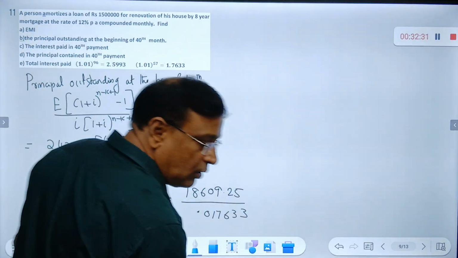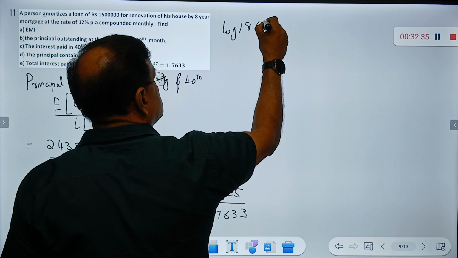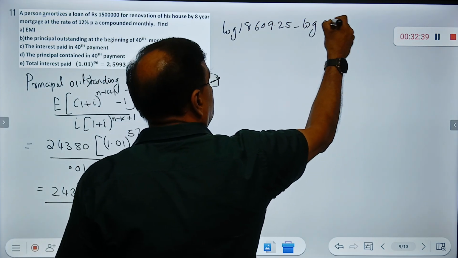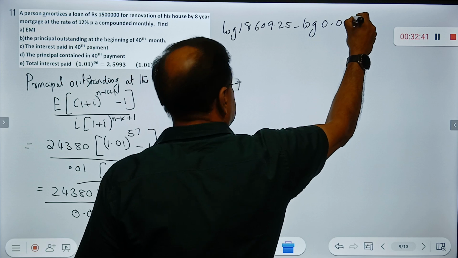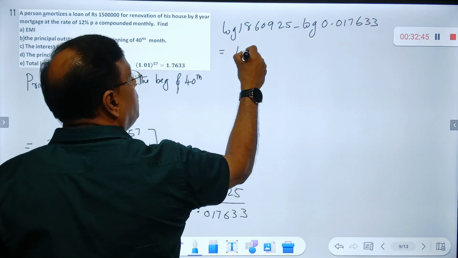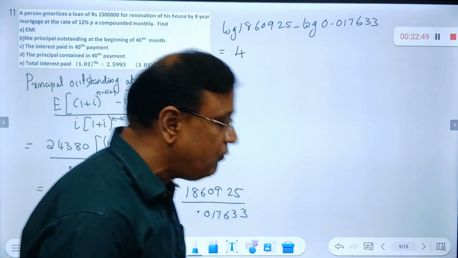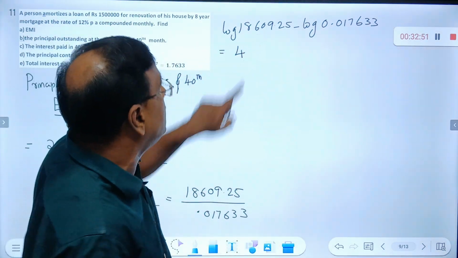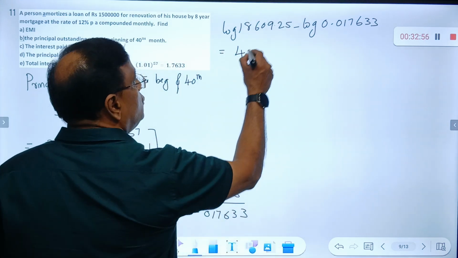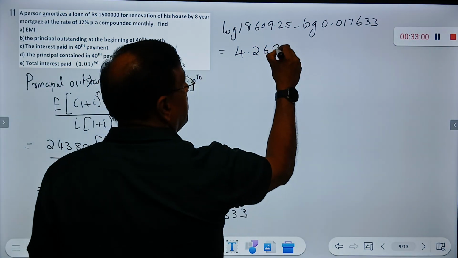So by taking log, what happens? This is log of 18609.25 minus log of 0.017633. This will be 4 point, why? It's a 5-digit number. Look at the log of 1861, round it off. That is 2697.